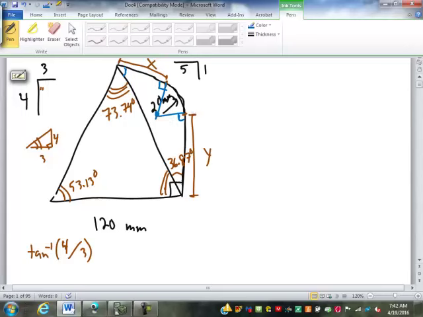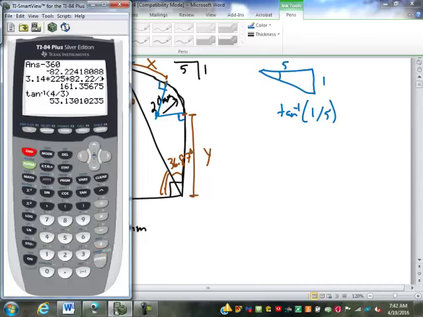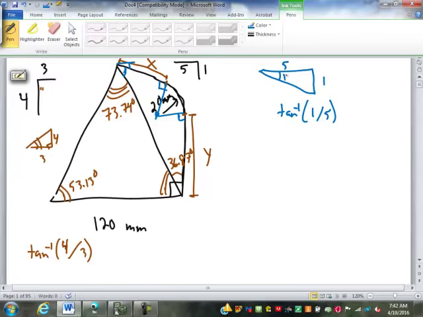But we can find this angle here because we know the angle up here to the horizontal is going to be from the 1 in 5 slope. So that angle is going to be the inverse tangent of 1 over 5. So 11.31 degrees.